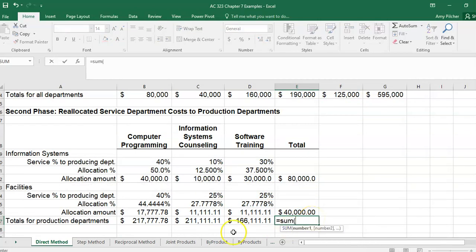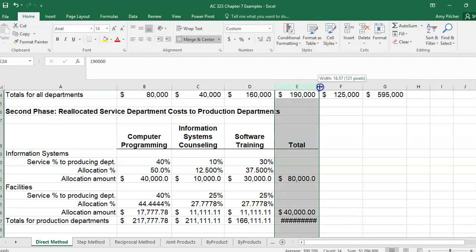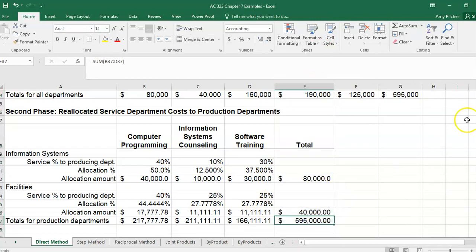We sum these up, we should equal our total indirect costs of 595,000. So that is the direct method for service department allocations to production department.